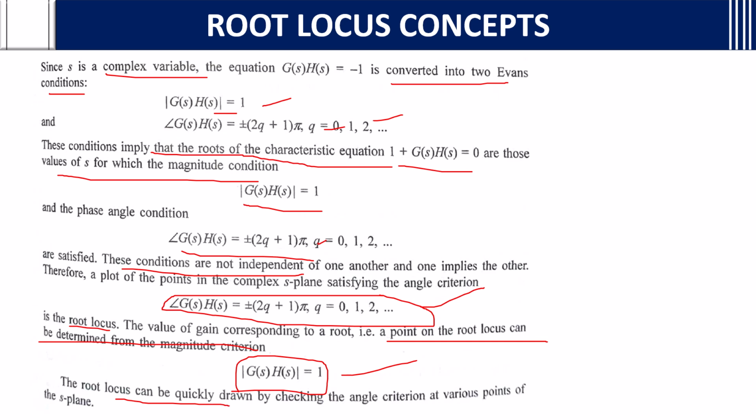So the root locus can be quickly drawn by checking the angle criterion at various points of the s-plane, and using the magnitude condition G(s)H(s) = 1 we can find the exact points or roots on the s-plane. Why do we find roots? Just to know the stability, whether the system is stable or not.